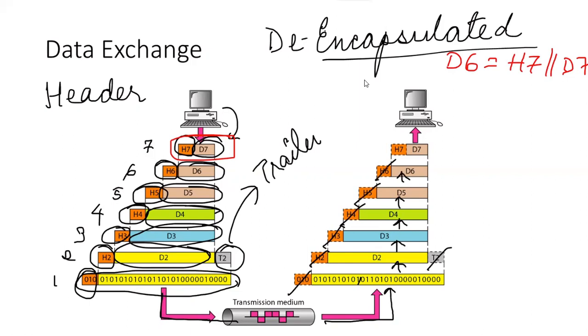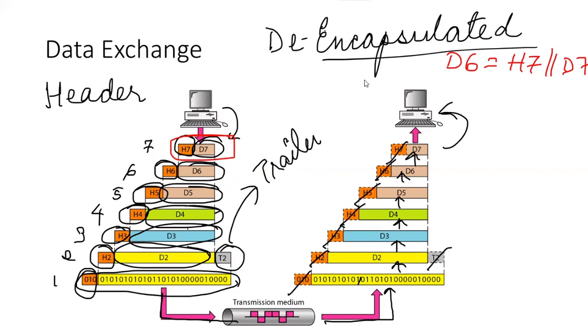So it goes on like this till at the application layer, the header H7 is removed, and D7, which is the actual data, is given to the user. So this is the way in which your data exchange takes place across the different layers and across different nodes.